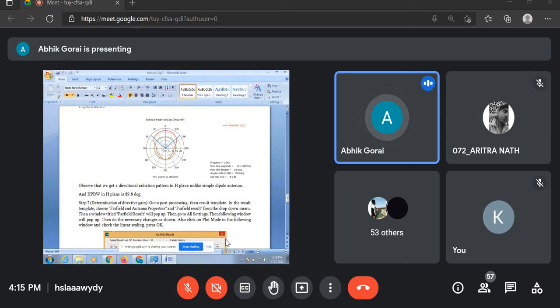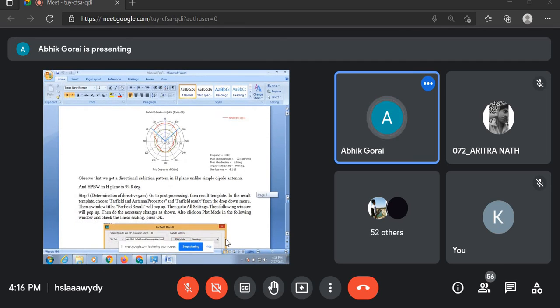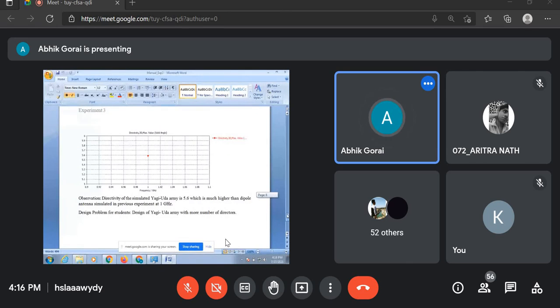As this software does the calculation automatically for half power beamwidth, you can see for your design how much you are getting. And finally, you have to find the directivity. You can imagine in our previous case, the directivity was very small. But over here, directivity has increased up to 5.6. So that is most important.